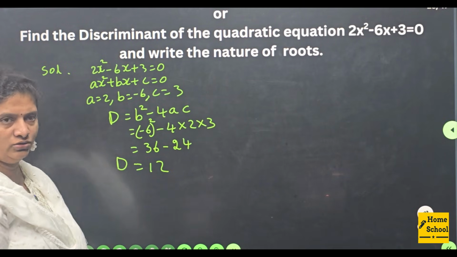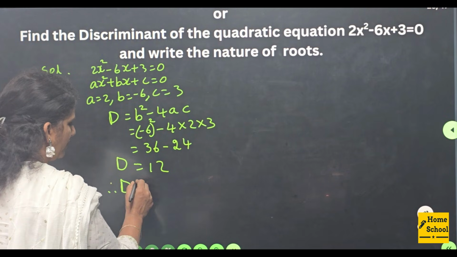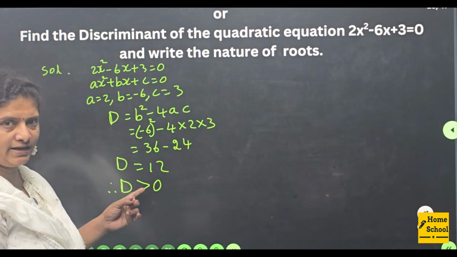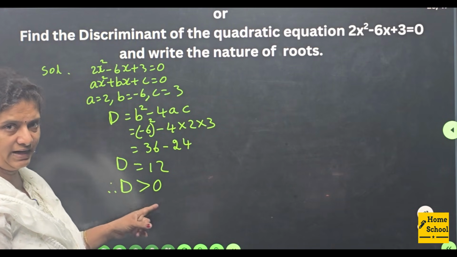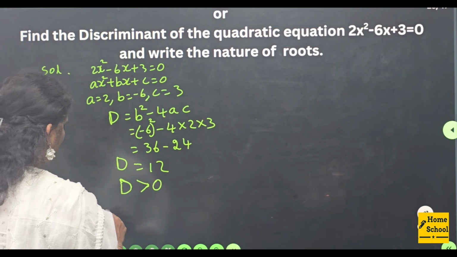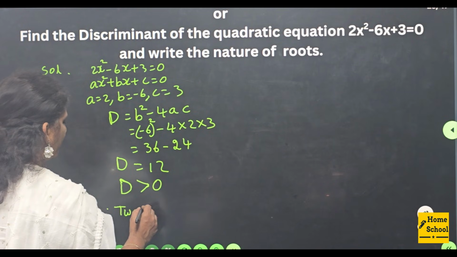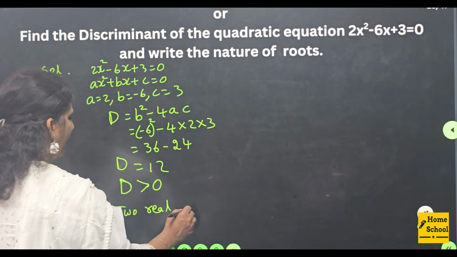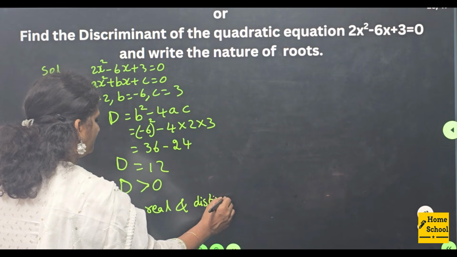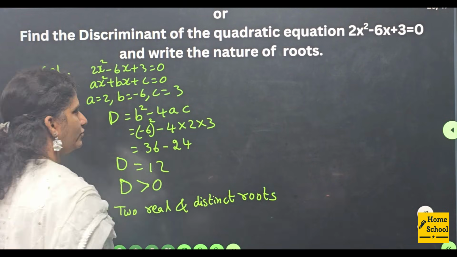D is equal to 12. Therefore, the discriminant value is greater than 0. 12 is greater than 0, right? Discriminant is greater than 0. And write the nature of roots. What is the nature? The nature of the roots are, there are two real and distinct roots.